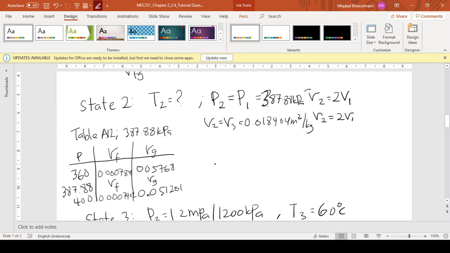Now actually to save time, we can just look at the range here. If we were to interpolate between both of these, for Vg we should get between 0.054 and 0.055, and for Vf we should get in between 0.000784 and 0.000790, maybe 785, maybe 787.